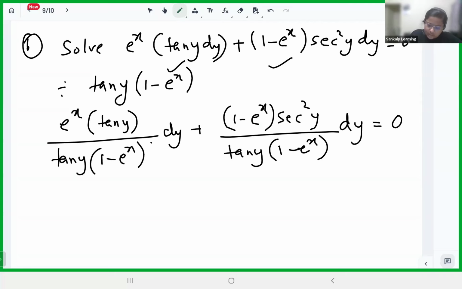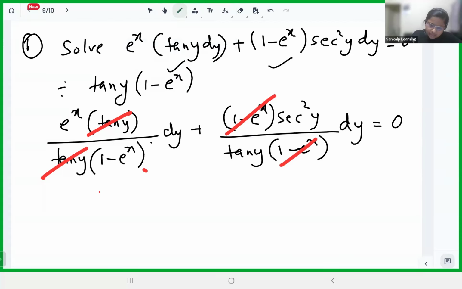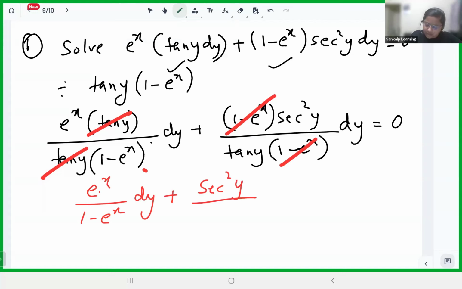Okay, so which terms get cancelled here? tan y and tan y, and 1 minus e raised x and 1 minus e raised x. So what is remaining there? That is e raised x by 1 minus e raised x dy plus sec square y divided by tan y into dy equal to 0.